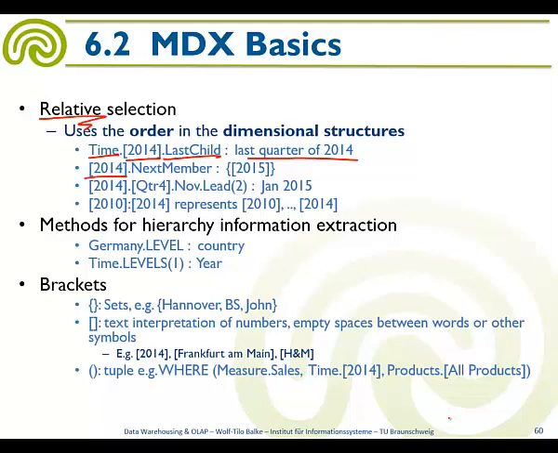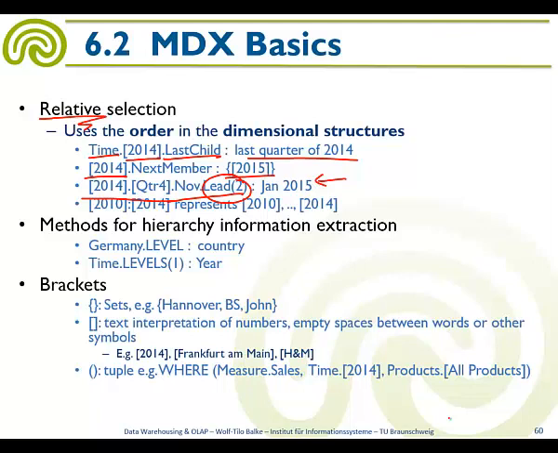Or I can have 2014 next member, that will be on the same level as 2014, but one more, which is 2015, right? 2014, quarter 4, November, lead 2. Lead means always skip ahead. So if I'm in November, skip ahead 2 months: November 2014, December 2014, January 2015, it is, right?